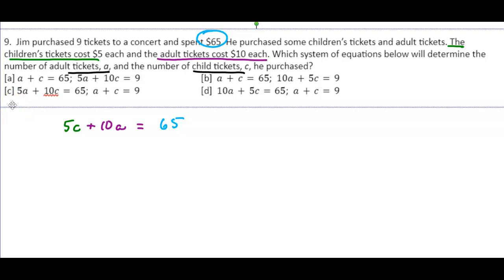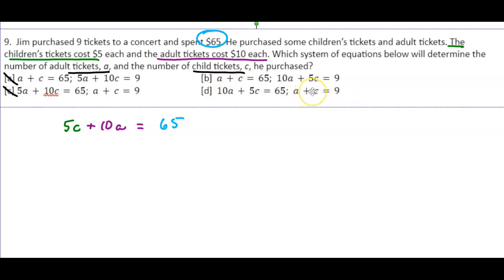Now if you look at your choices, automatically you can cross out C. That constraint is not, the variables do not correspond to the right costs. You can also cross out A. So we're basically now choosing between B and D, and the real difference between B and D is whether A plus C equals 65 or whether A plus C equals 9.